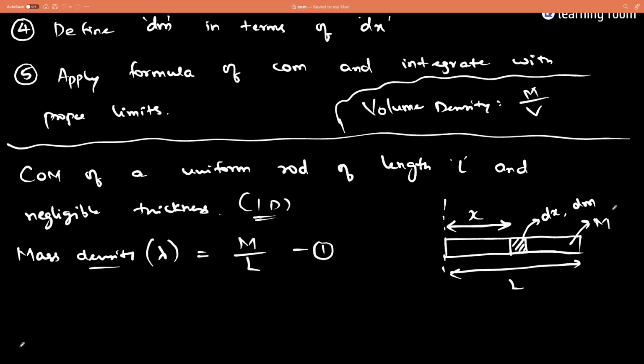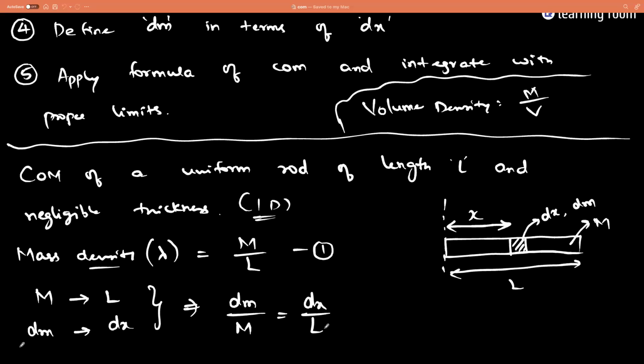The mass M is spread over a length L, so a mass dm will be spread across a distance dx. So dm divided by M is equal to dx divided by L, or dm is equal to M by L into dx. Let me call this 2.